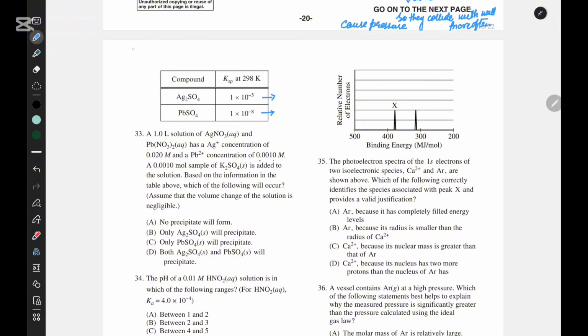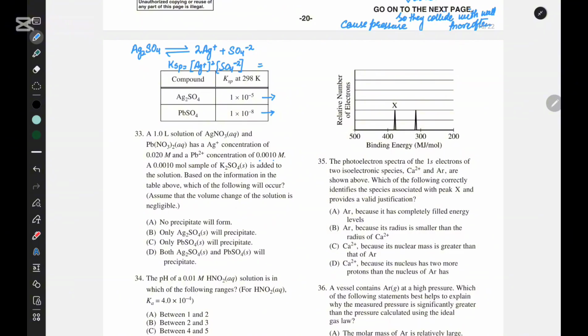For Ag2SO4, you know what happens when it dissolves: it forms 2Ag+ ions plus sulfate ions. Then Ksp is equal to [Ag+] squared times [SO4 2-].